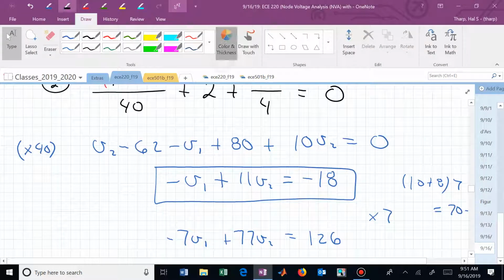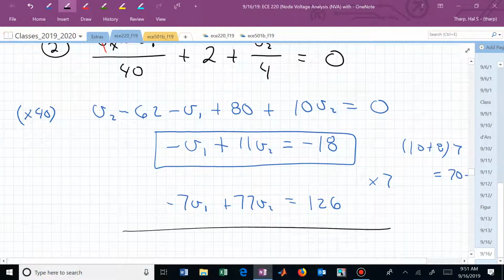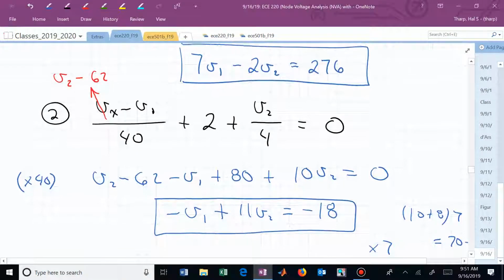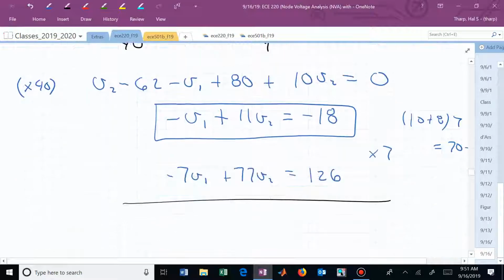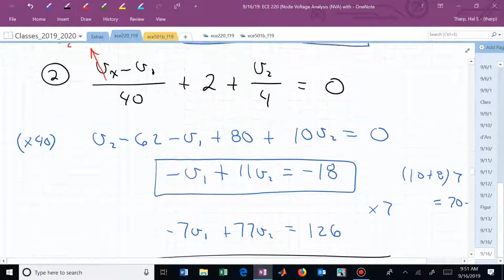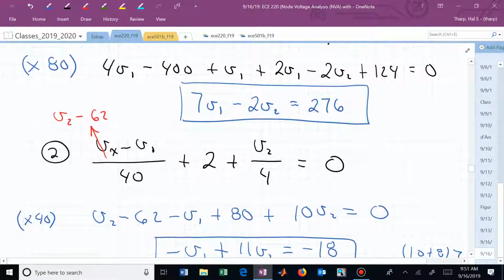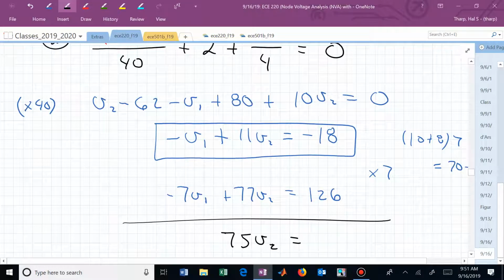Doing that now gives me 77 minus 2, that's 75, V2 equaling 276, and this was a minus, sorry, minus 126, or that's now 150.